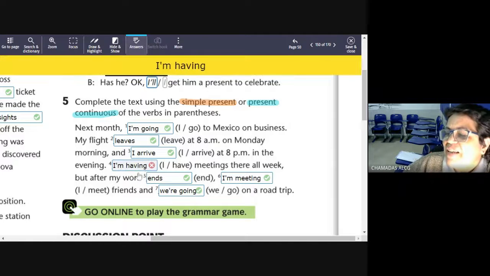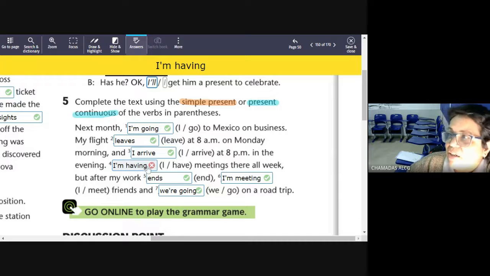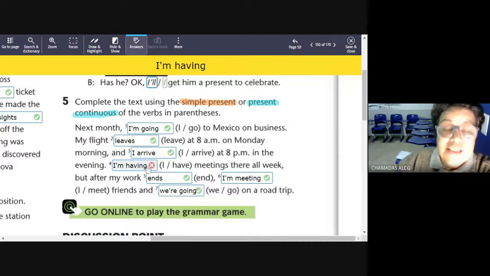So here they are considering the verb have as possession, not participating, okay? But here it means possession. So then here they want us to use the simple present.